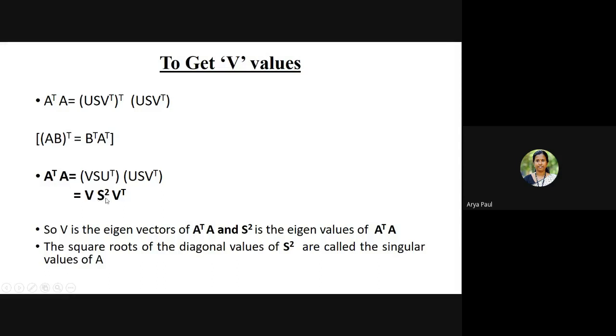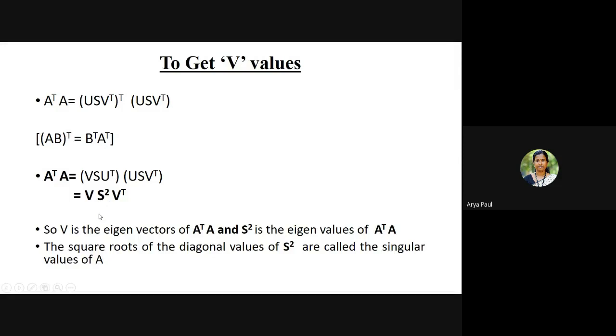Now this is S square actually. Suppose you want to find S. How to find S? You got this S square, so S is actually the square root of this S square. The square roots of the diagonal values of S square are called the singular values of the A matrix.